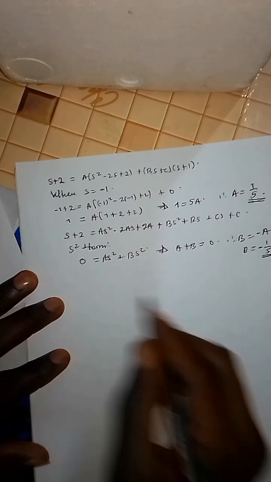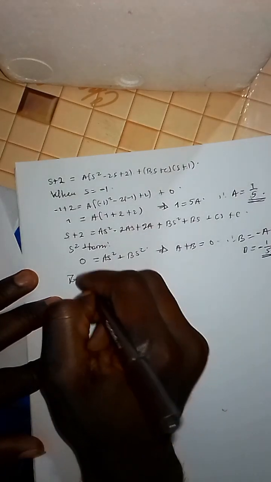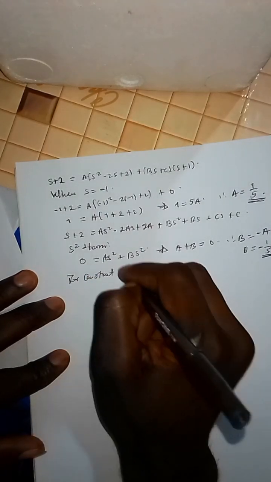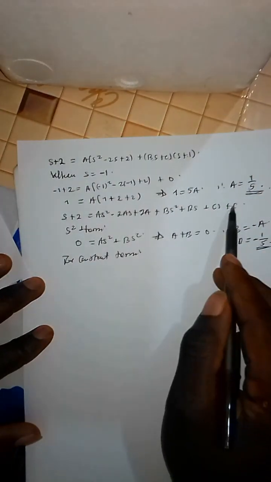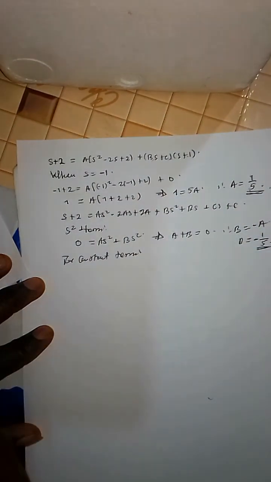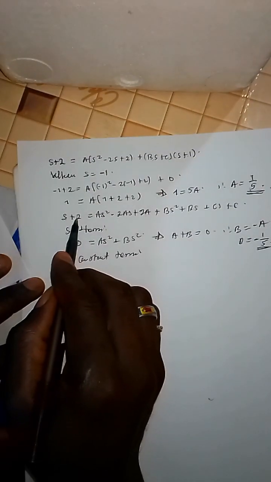So B will be equal to -1 all over 5. Now, for the constant term, we have a constant as C and we have a constant as 2A. On the left hand side, our constant is 2.